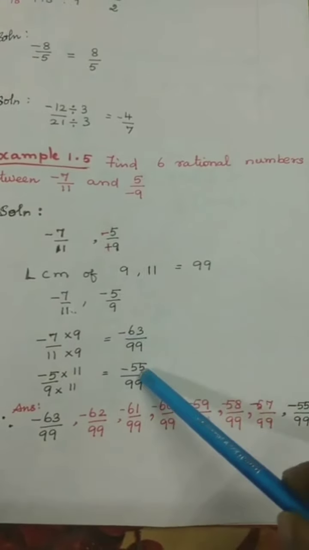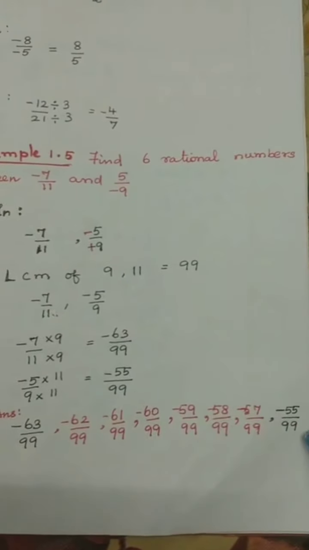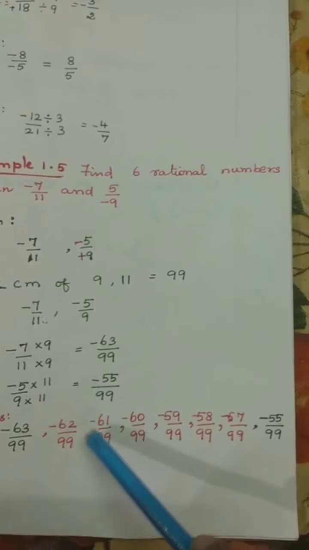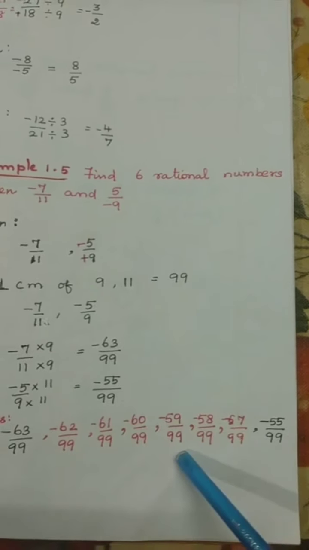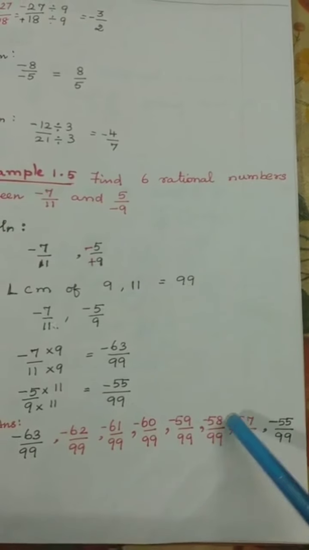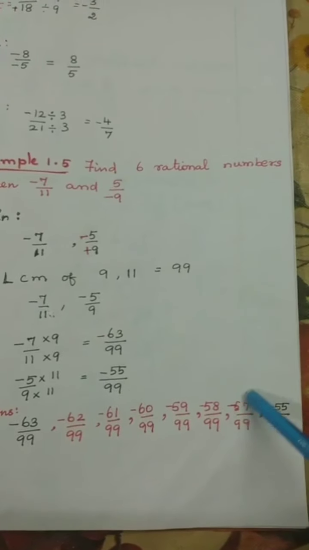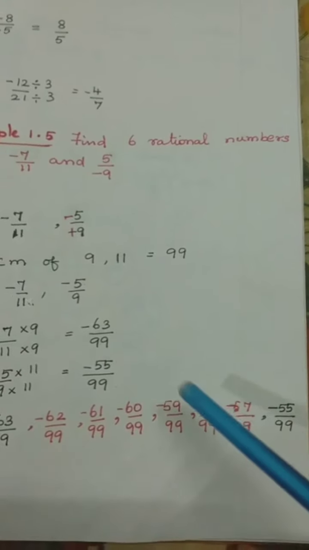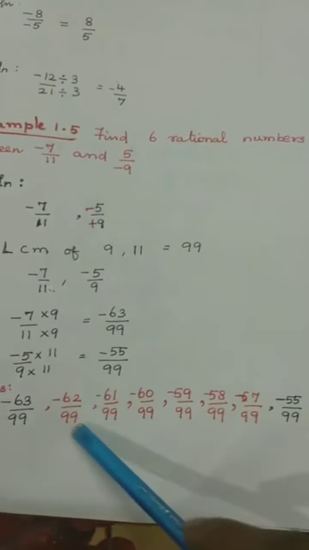Between these two you have to find 6 rational numbers: minus 62 by 99, minus 61 by 99, minus 60 by 99, minus 59 by 99, minus 58 by 99, minus 57 by 99. We can write more than this, that is, minus 56 by 99, but we need only 6 rational numbers because we wrote only 6.